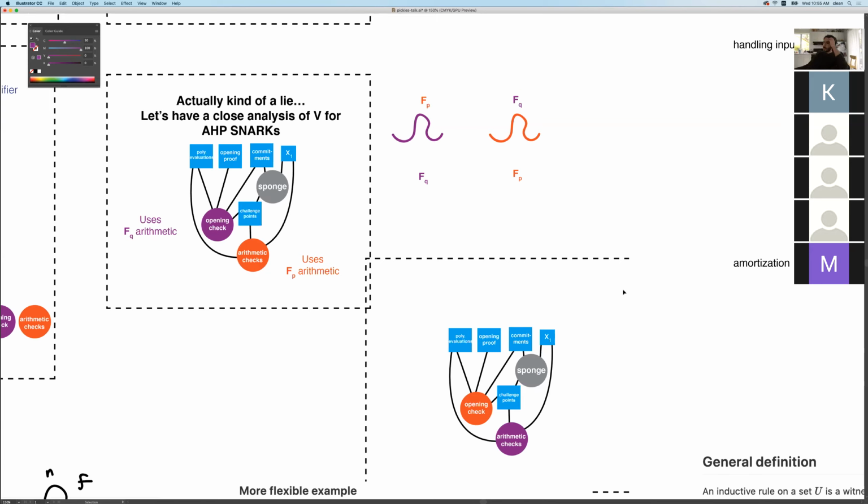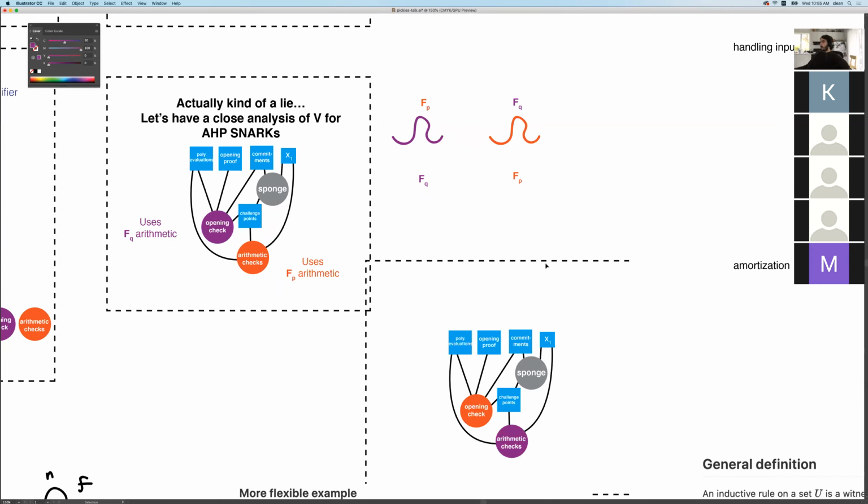Does that concept kind of make sense? I'm using orange. Orange things are FP related, FP-ish, and purple things are FQ-ish. People with me so far? Georgius, good. Gordon, kind of.